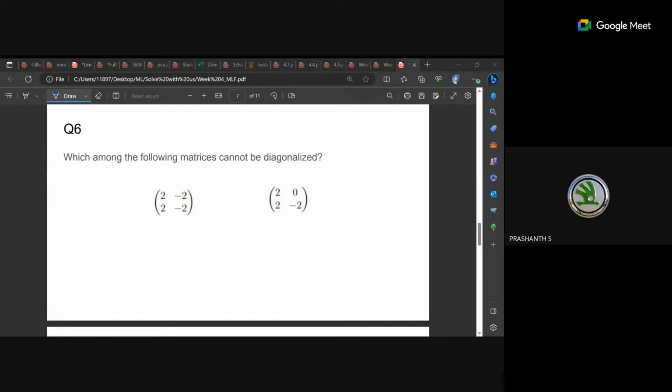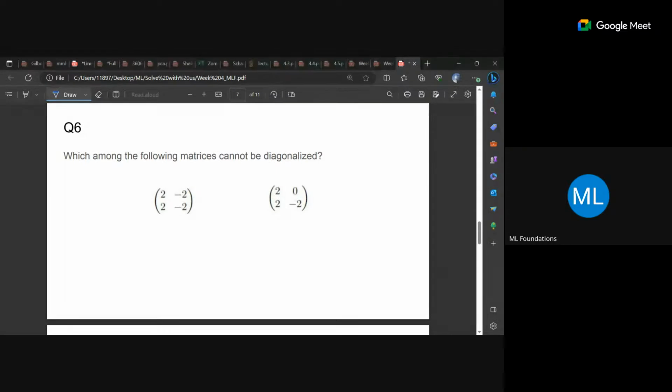And you don't have distinct eigenvalues in the first case. You just have 0, 0 eigenvalues, and you're just getting one eigenvector. So yes, it is not diagonalizable because you just have one eigenvector. But in the second case, you will have two different eigenvalues and you'll get two different eigenvectors, and hence it's diagonalizable.